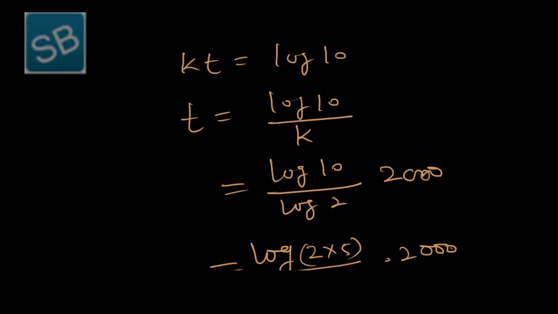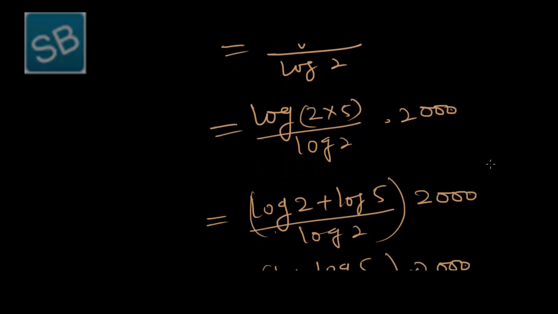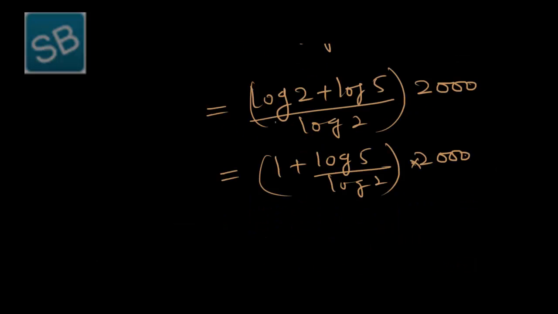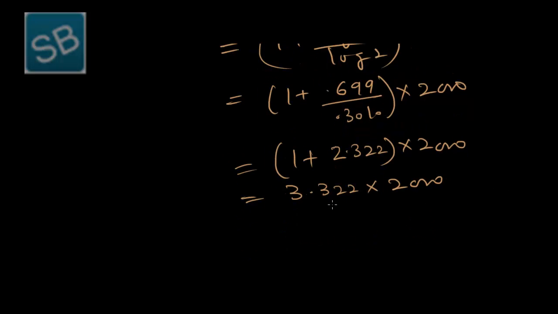Or we can say here that the value of t is log 10 over log 2 into 2000. We don't have a formula for log 10 over log 2. So by substituting the value of log 5, that is 0.699, and log 2, 0.3010, we get 1 plus 2.322, that is 3.322, into 2000, which gives 6644 years. So these are the years when the original value becomes 1/10 of the original.